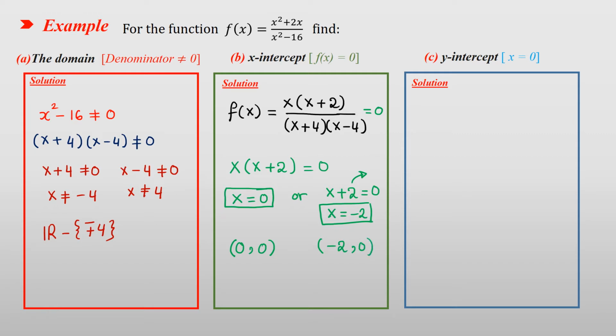And in part C you have to find the y-intercept. The y-intercept means you have to put x equals 0, so you replace x equals 0 in the function f of x.